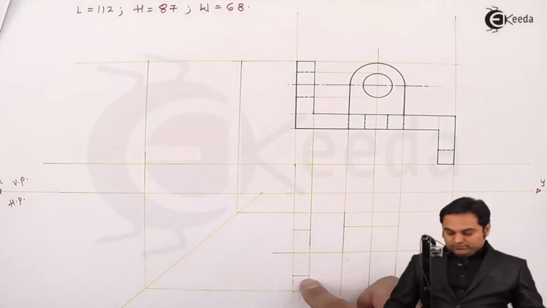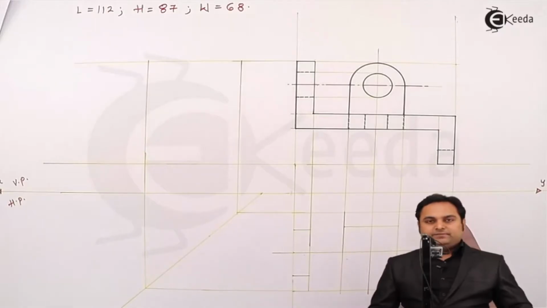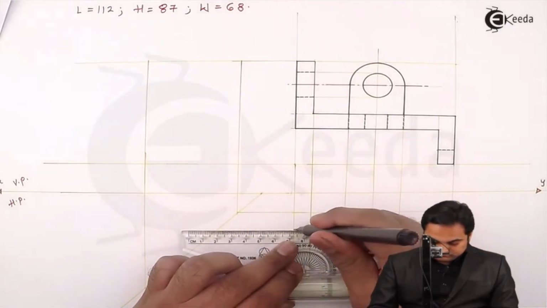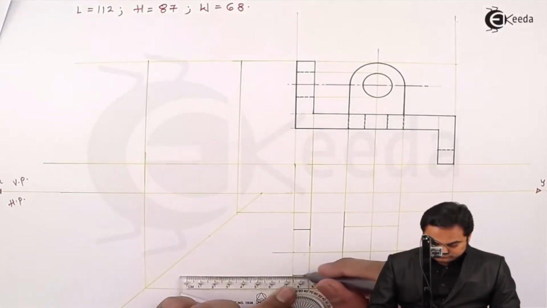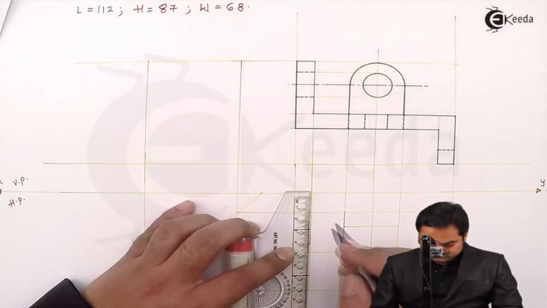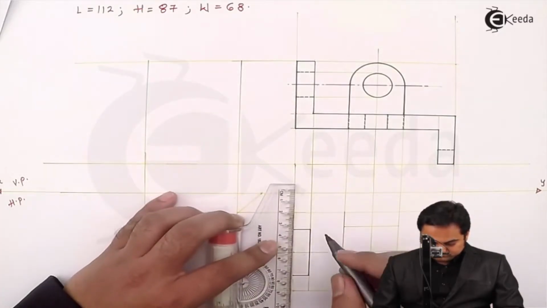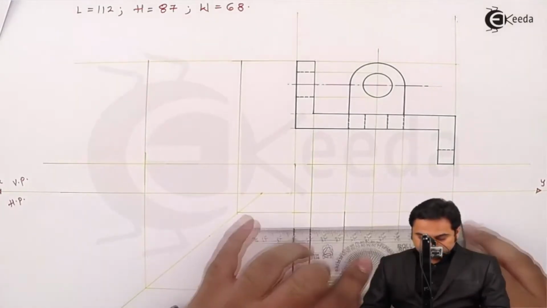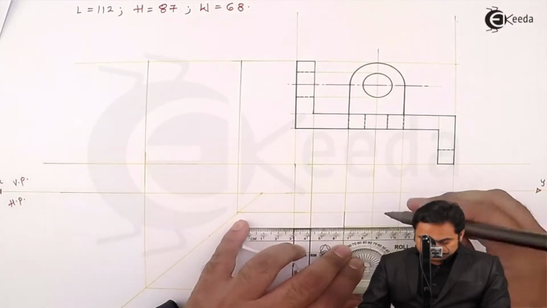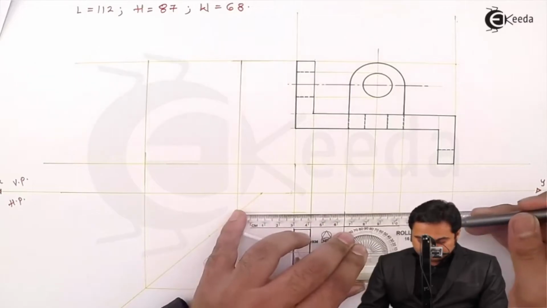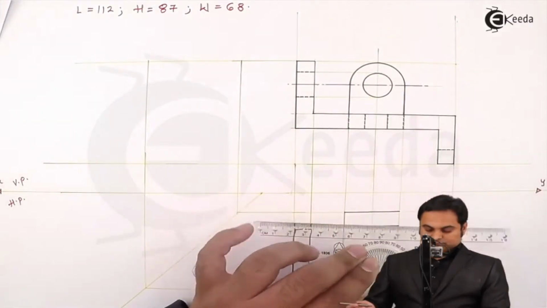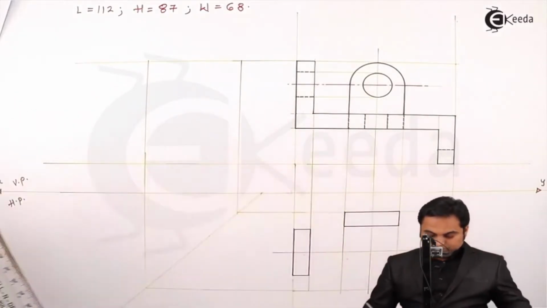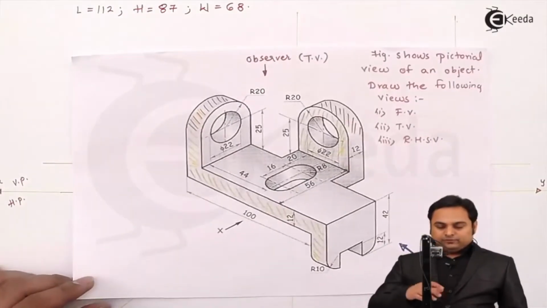Next, when both these plates are visible, I can directly make them dark. They are visible first. So these two plates are visible as I look from top.